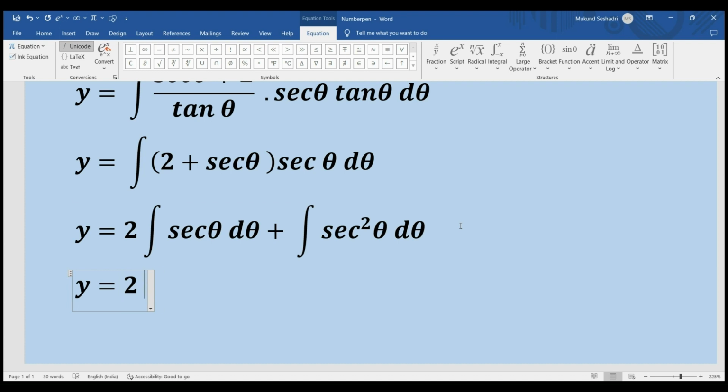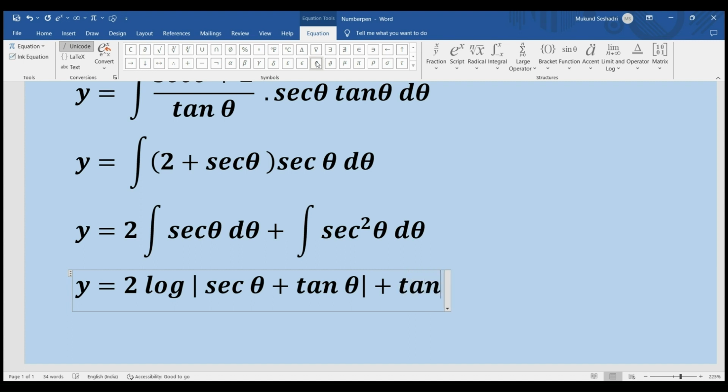It is nothing but log of mod of secant theta plus tan theta. And then let's come to the second part, which is very simple because my integral of secant squared theta d theta is nothing but a tan theta. Why is that? Because my d by d theta of tan theta is a secant squared theta.